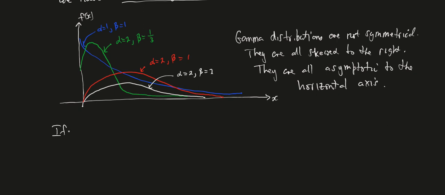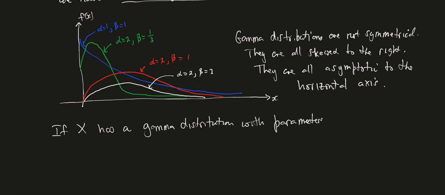So if x has a gamma distribution with parameters alpha and beta, this is how we're going to write it.